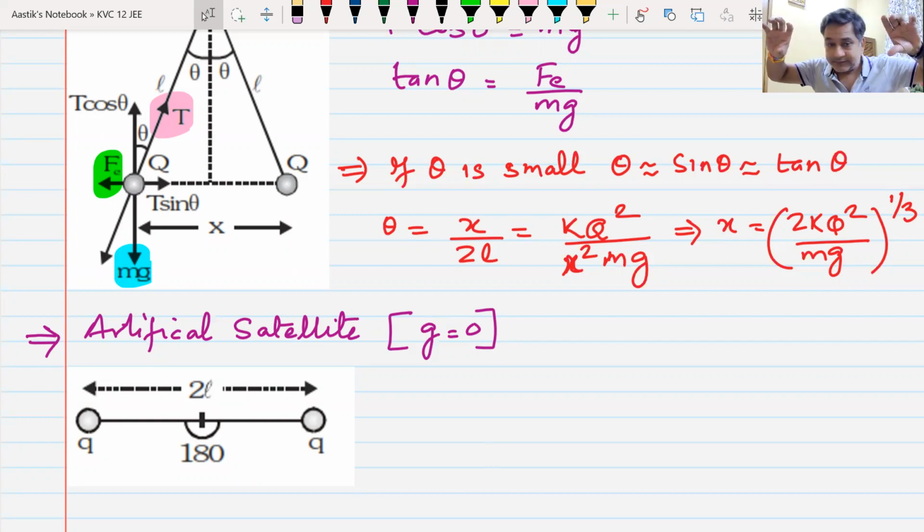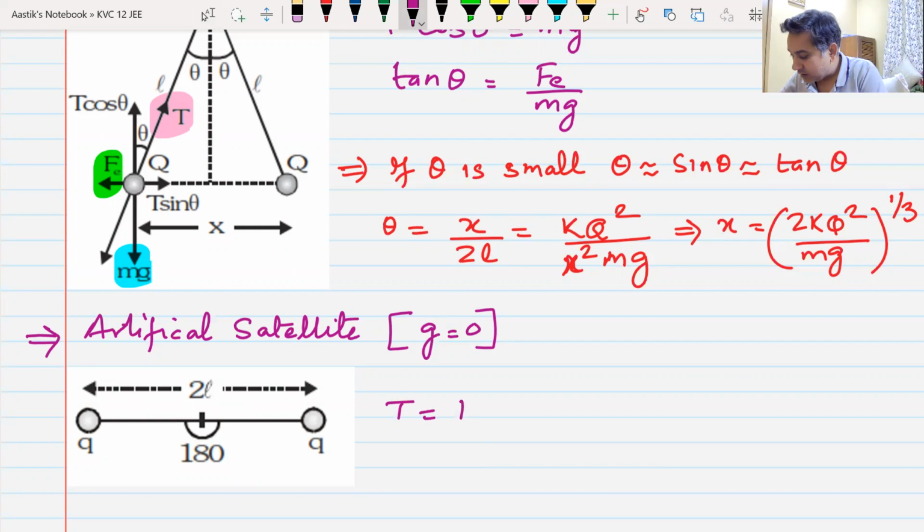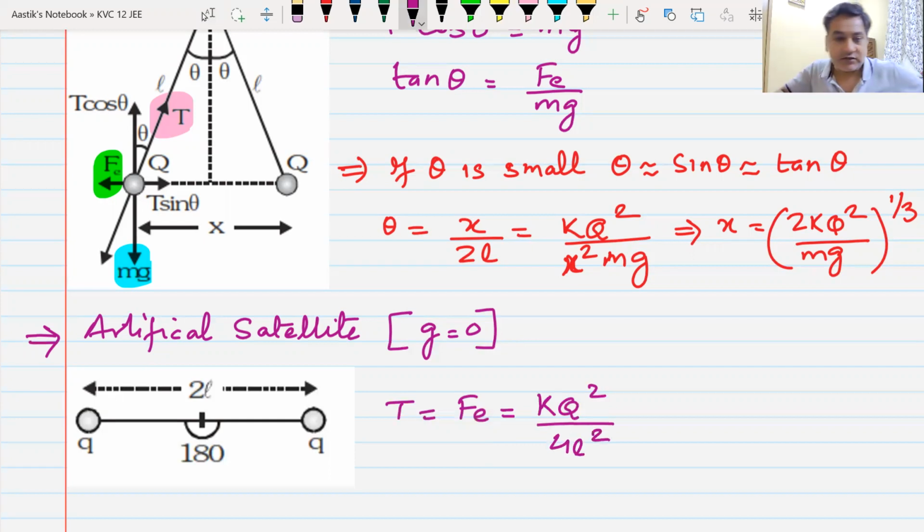In that case, your tension T would be equal to the electrostatic repulsive force, K Q square by the distance between them, which becomes 2L, so 4L square. Do we understand this?